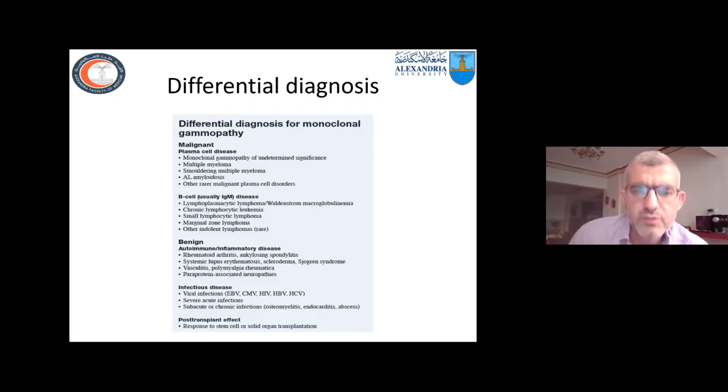The benign disorders, which really may be confused with multiple myeloma, include autoimmune disorders, infectious diseases, and post-transplant effects. But mainly we need to differentiate multiple myeloma from other malignant plasma cell or B cell disorders.